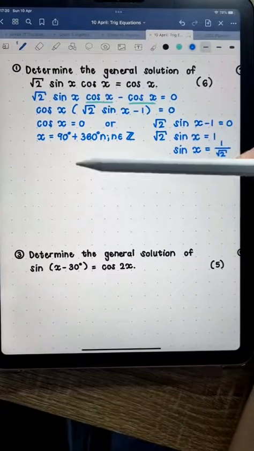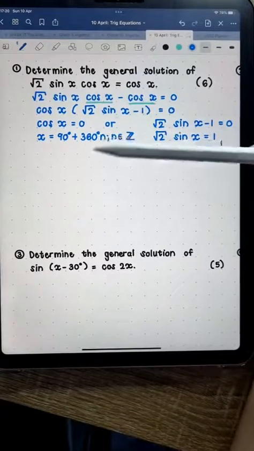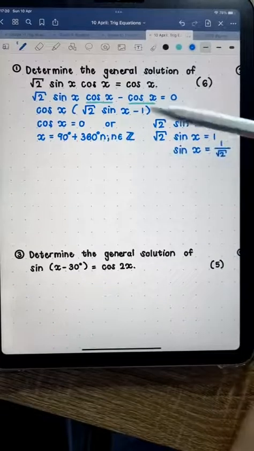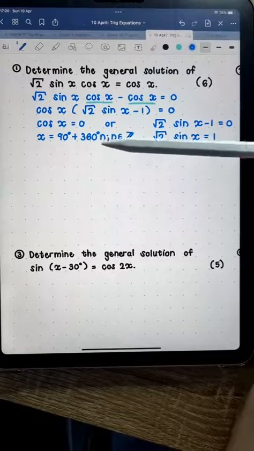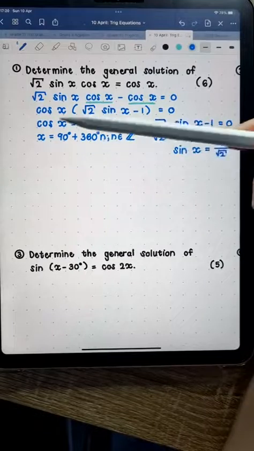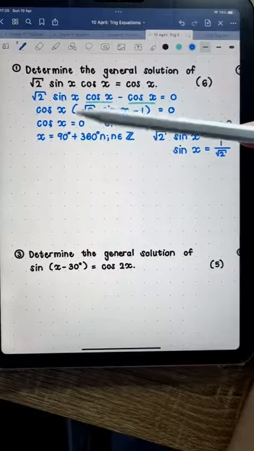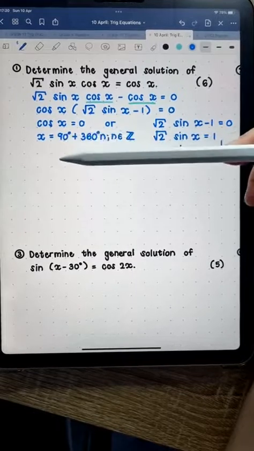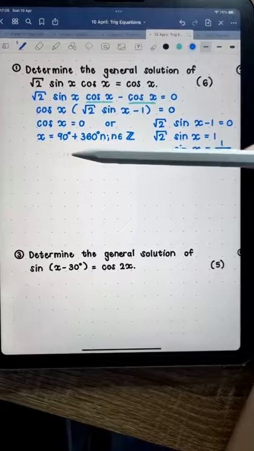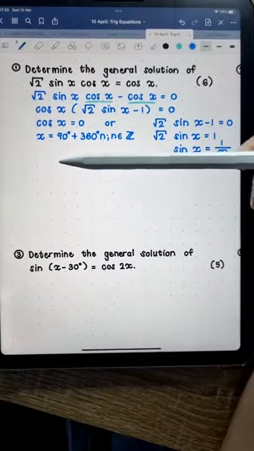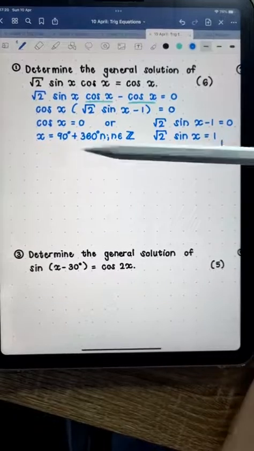So we have to write plus 360n after our 90. We can't just say that it's going to be equal to 0 at 90, because it's going to be equal to 0 at 90 and then every 360 degrees after that.